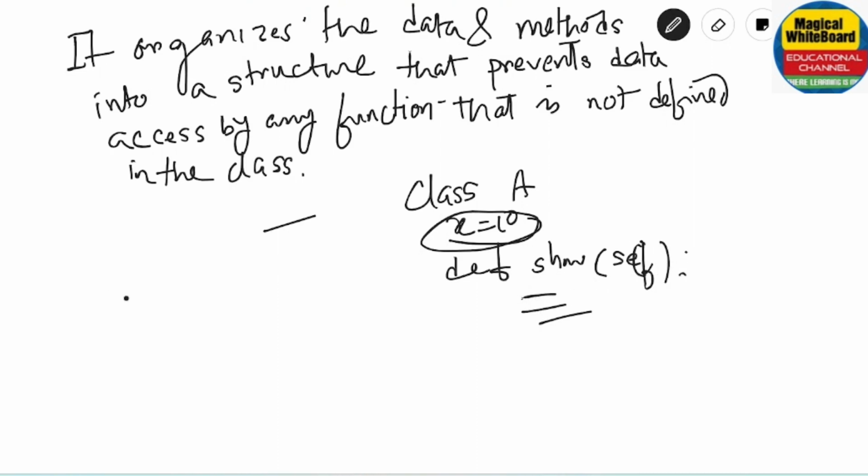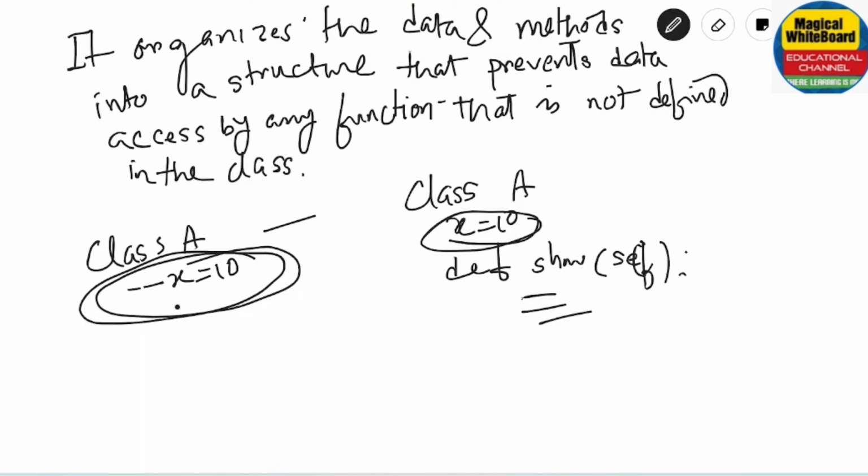But when you define something like class A, double underscore x equal to 10, that is known as a private variable or private member. A private variable cannot be accessed by outside functions. Only those functions that are defined within the class can access the private member. Outside members cannot access these private members. So this is the concept of data hiding. So let us consider an example with the help of Python.